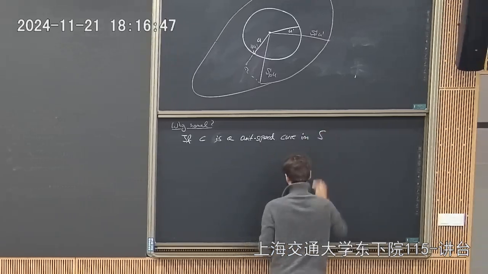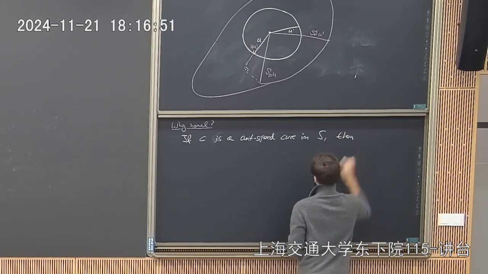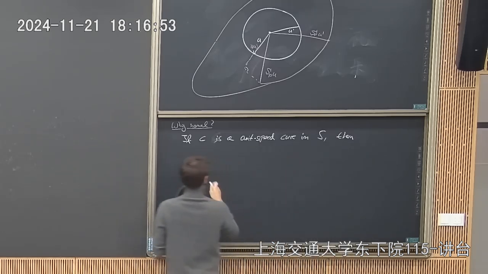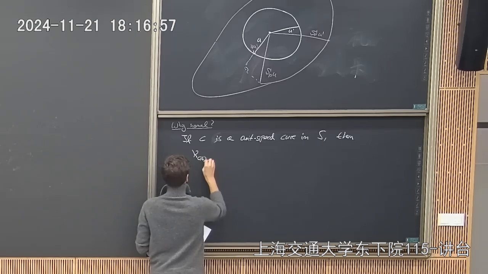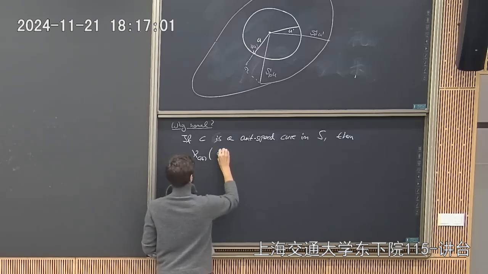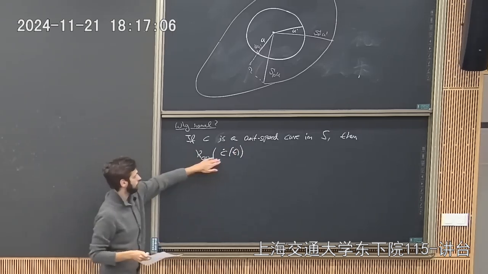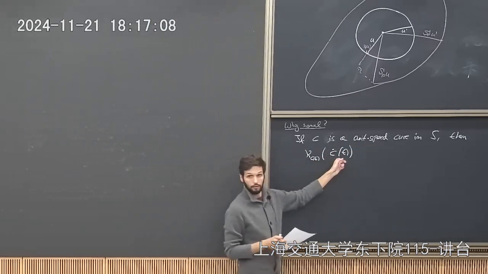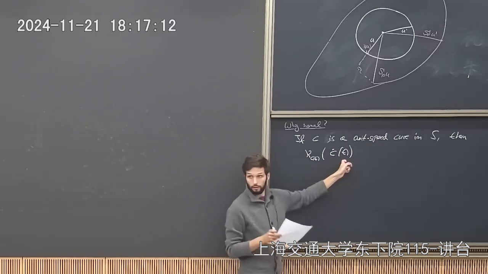In S, then we can plug in the tangent vector of that curve into the normal vector. So we want to calculate the normal curvature of C of t. Since C of t is a unit speed curve, the tangent vector is like a unit speed vector, and then we can plug that in.